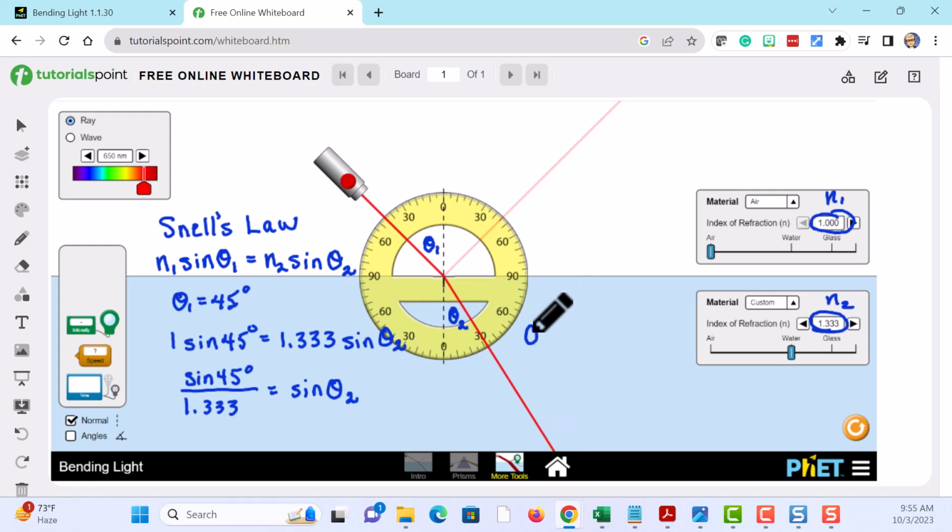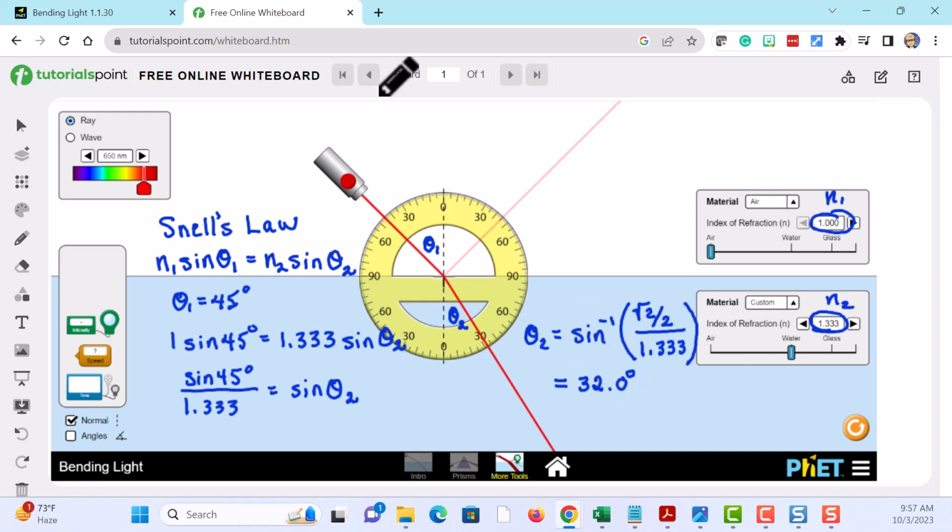So theta 2 is equal to the inverse sine of the sine of 45 degrees, which is the square root of 2 over 2, divided by 1.333. Then we can use our calculator to evaluate this, and we get approximately 32.0 degrees. So the angle of refraction when the angle of incidence is 45 degrees is 32 degrees.